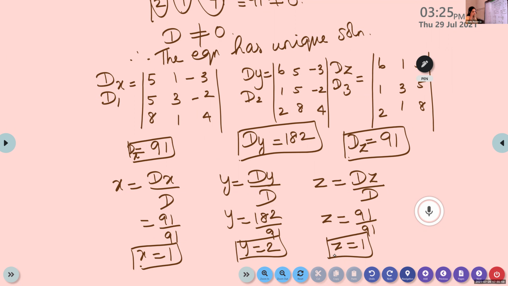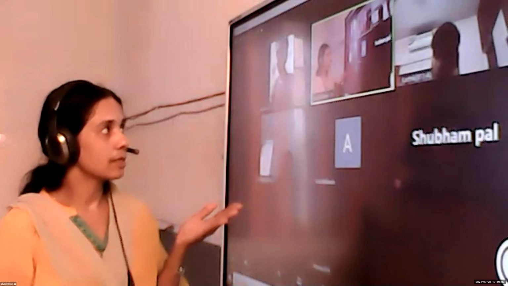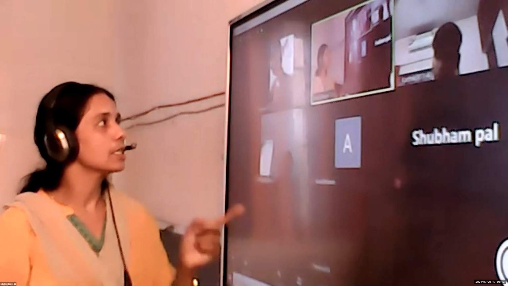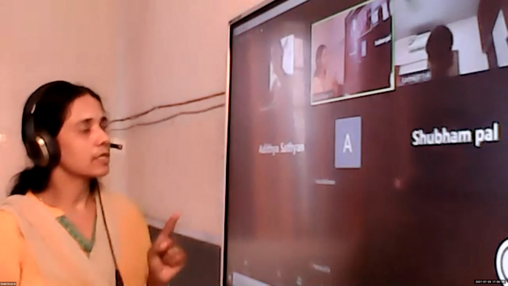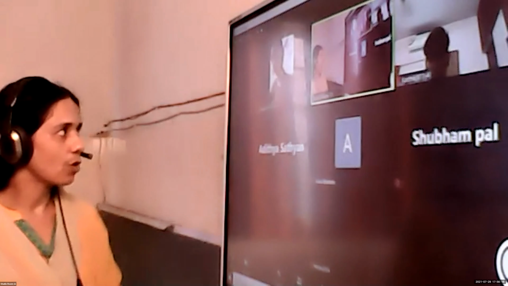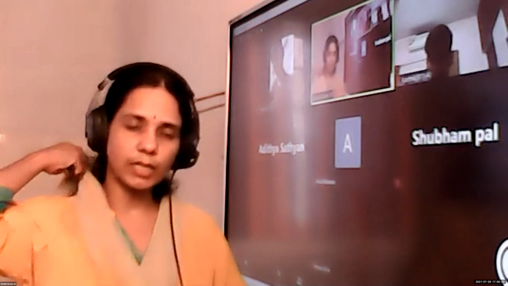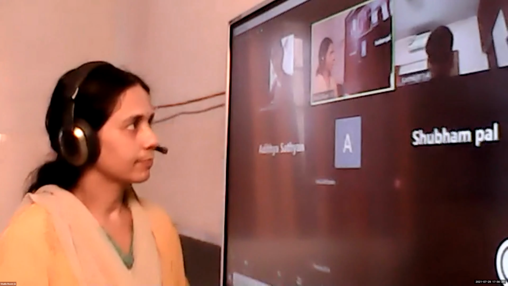Okay, so just recall the steps, how we did this. What is the first step? First, write the given system of equations in general form. Now, look at the equation. After writing in general form, you check whether it is homogeneous or non-homogeneous.